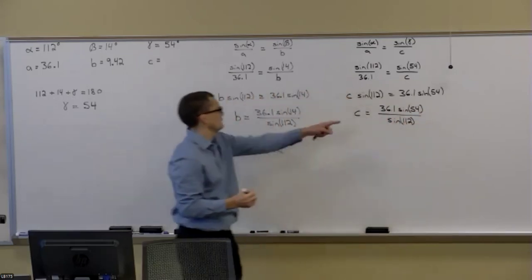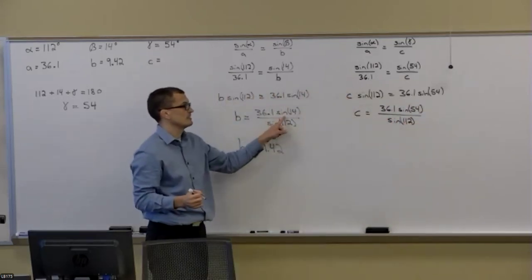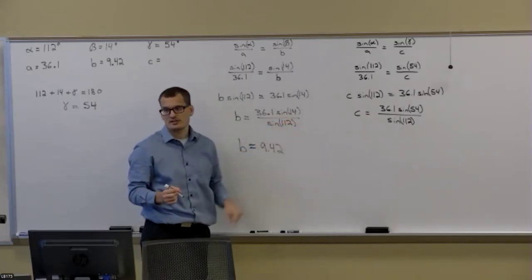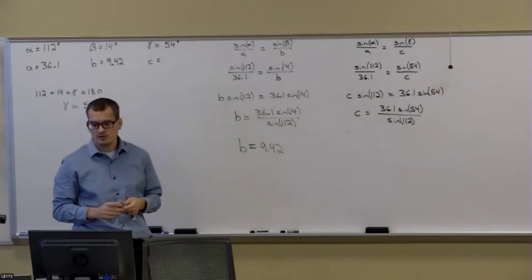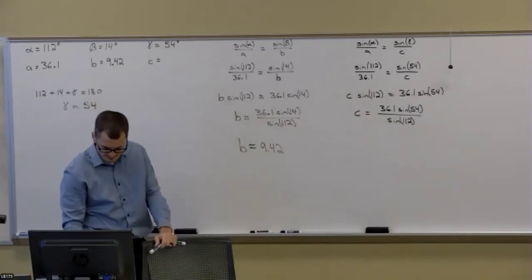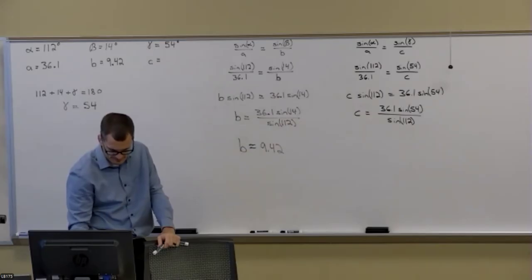By the way, if you're clever, you can just do second enter to switch the angle you're using on the top there from a 14 to a 54. So that takes less typing anyways.